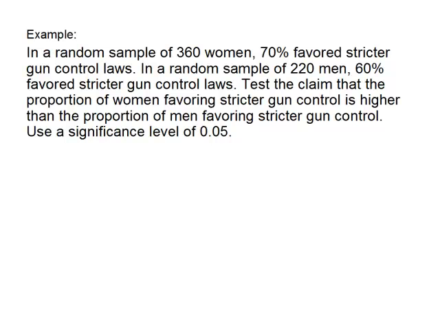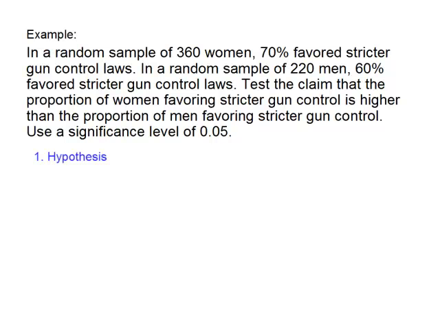Second example. In a random sample of 360 women, 70% favored stricter gun control laws. In a random sample of 220 men, 60% favored stricter gun control laws. Test the claim that the proportion of women favoring stricter gun control is higher than the proportion of men favoring stricter gun control. Use a significance level of 0.05.